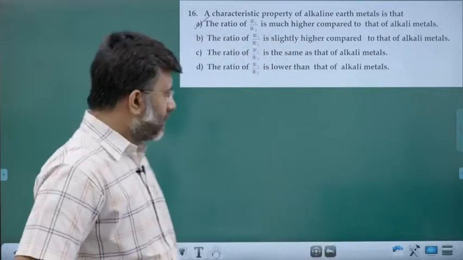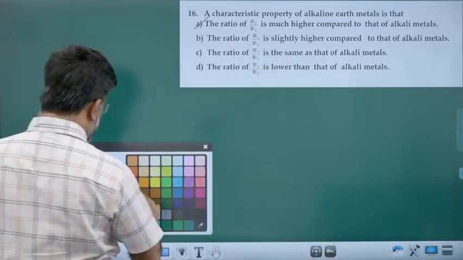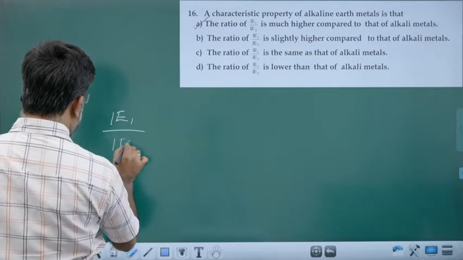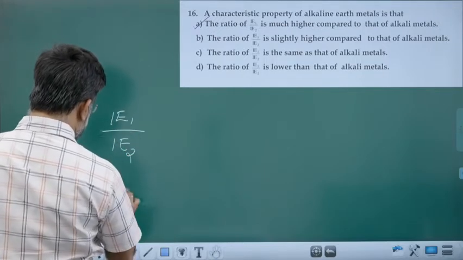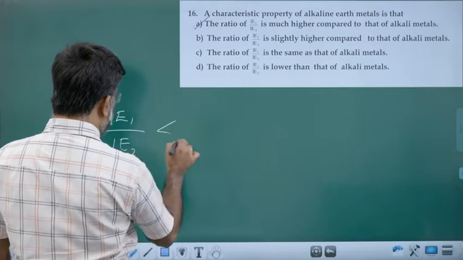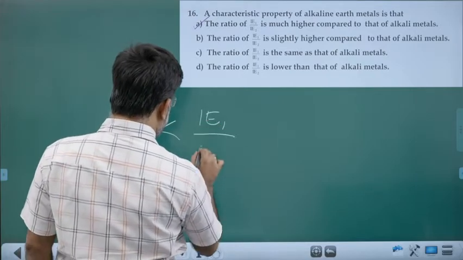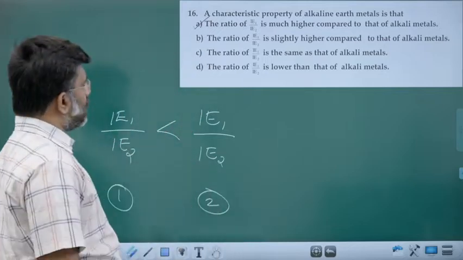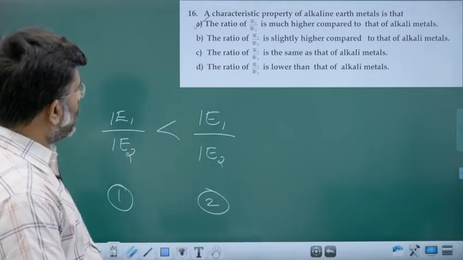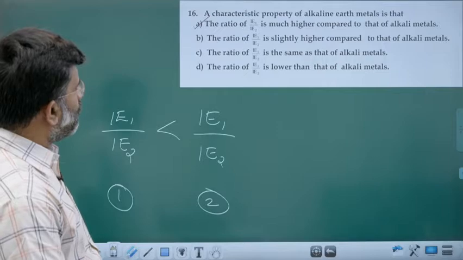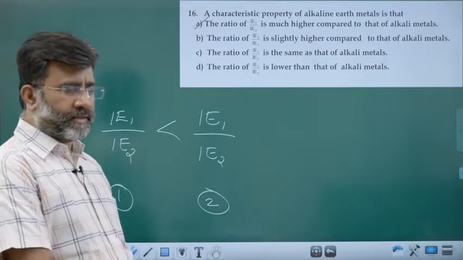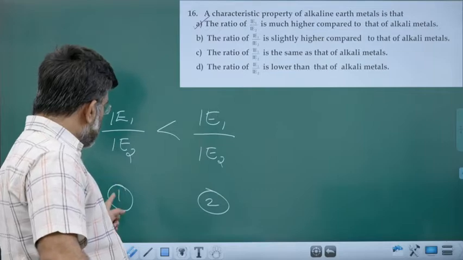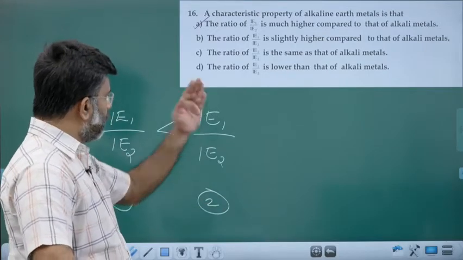We are talking about IE1 by IE2 for group 1 alkali metals and IE1 by IE2 for group 2 alkaline earth metals. So when you compare group 2 and group 1, group 2 value will be very high.